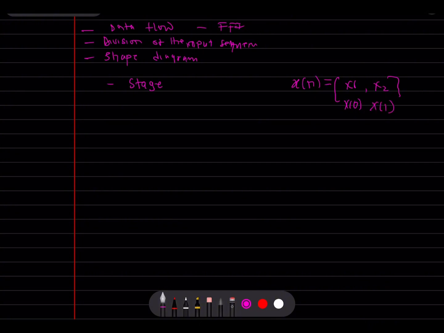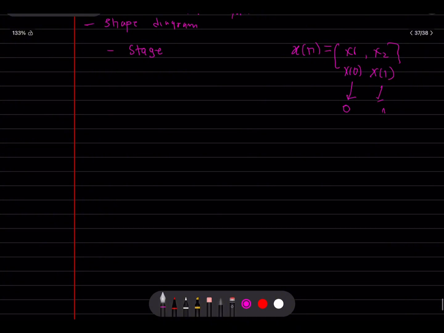As I explained in my previous tutorial, the even part comes first and the odd part comes second. So we draw the input here, x of 0 first and then x of 1.